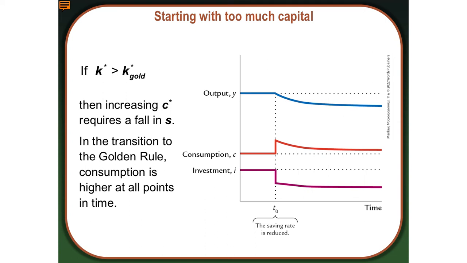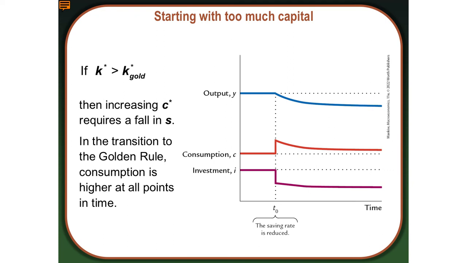We call these sorts of things an impulse response function. Basically this is just a time series graph that shows over time what happens to the variables in the model when something happens, right? Something changes or there's some stimulus. In this case, we're changing the savings rate in the model and we're seeing what happens to output, consumption, and investment.